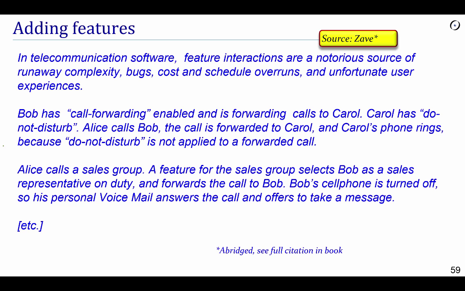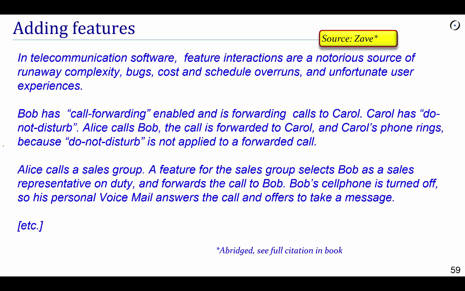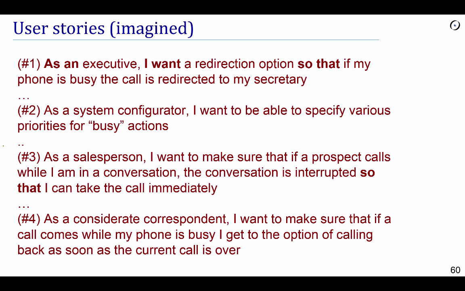So this is typical of what happens when you try to mix features just to pile up features which do not pile up naturally, and this shows that just relying on the succession of user stories implementation is just not going to work.